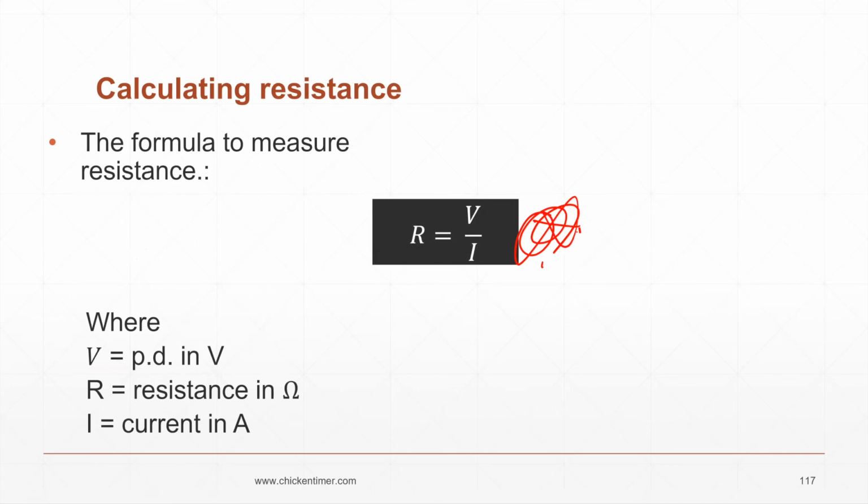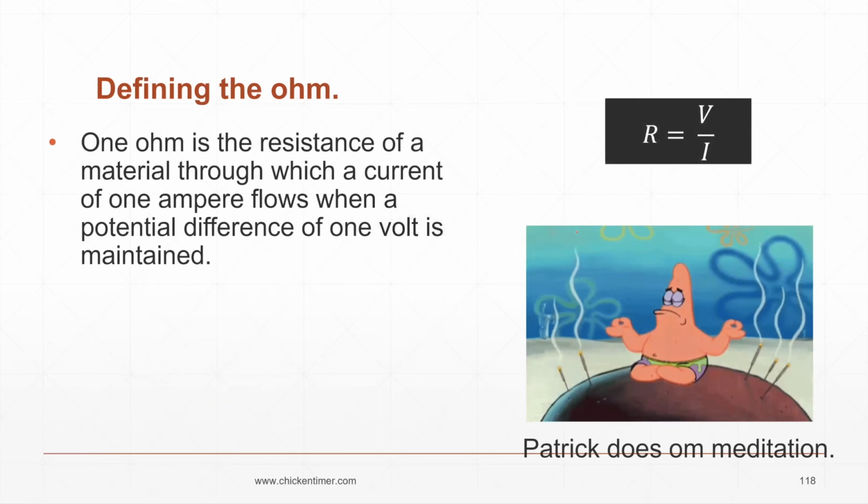So if you can't remember any definitions, please at least remember the formulas. This is the definition of 1 ohm: the resistance of a material through which a current of 1 ampere flows when a potential difference of 1 volt is maintained. As I said, if you cannot remember the definition, at least remember the formulas.